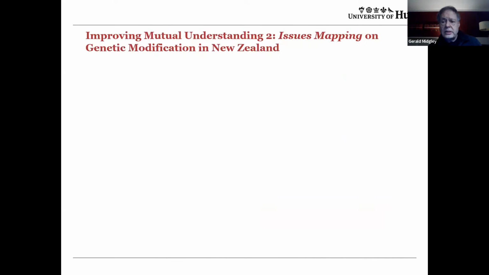The second one is quite different in some ways, although it's the same basic understanding about challenging stereotypes. This was a highly conflictual project, the genetic modification debate in New Zealand. This work was led by Karen Cronin, one of my colleagues in New Zealand, and I came in at the latter end of it, when we took the method she'd been developing in this work on genetic modification and started using it in industry to begin dialogue around values, around controversial areas of industrial development.